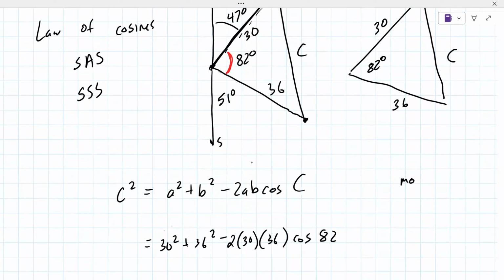Make sure your mode is in degrees. Make sure you're always checking that, especially if you're moving back and forth between them. So go ahead and calculate that for us, please.